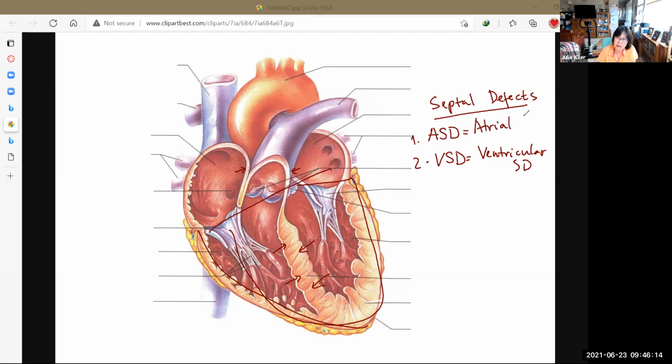Atrial septal defect, yeah. Now, people with the tetralogy, people with the baby blue, sometimes a combination.